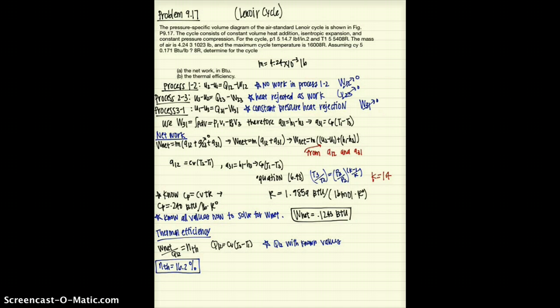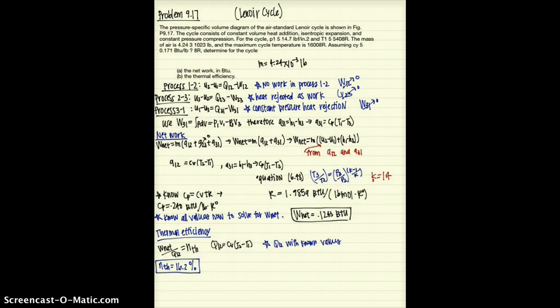In this process, there is constant pressure heat rejection, so we can set work from 3 to 1 equal to the integral of P dV, which is equal to P1 times V1 minus V3. And these V's are specific volumes. This Q from 3 to 1 is also equal to H1 minus H3, which is then set equal to Cp times T1 minus T3.